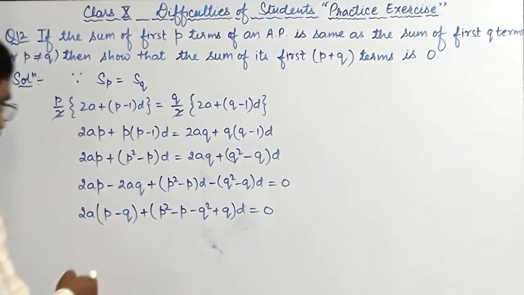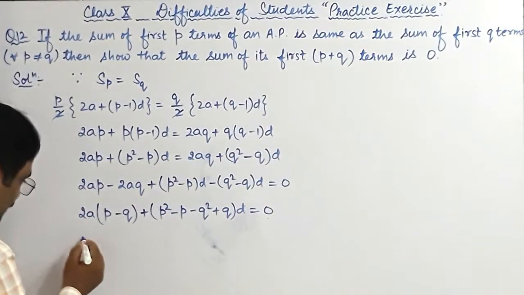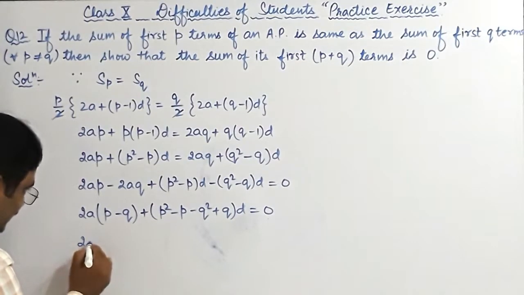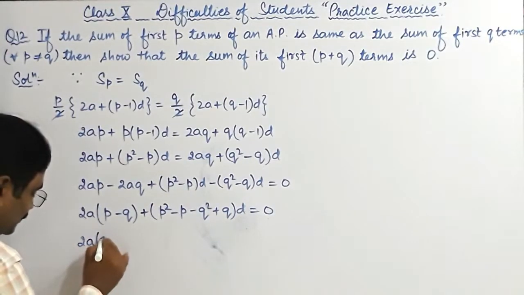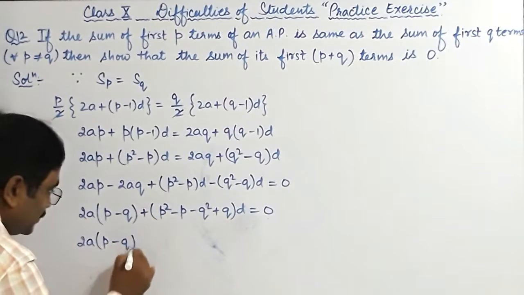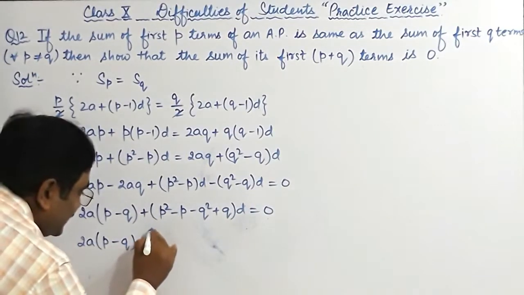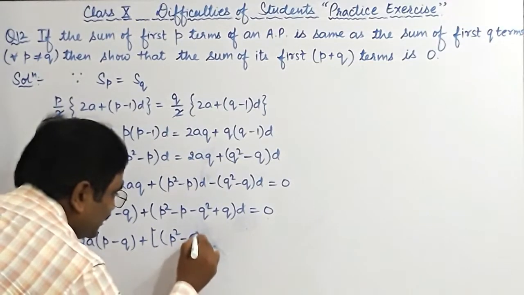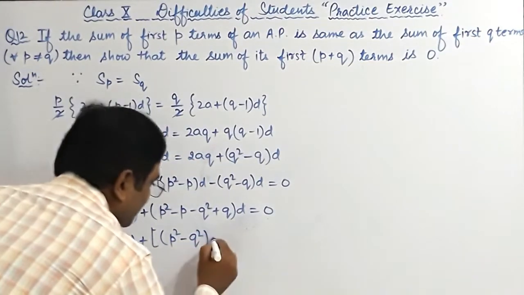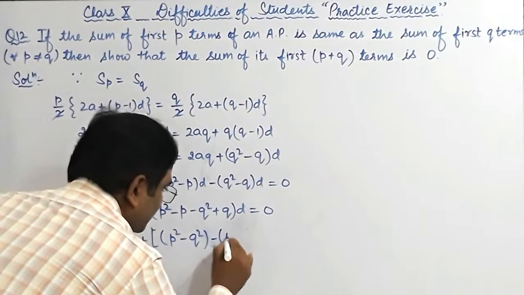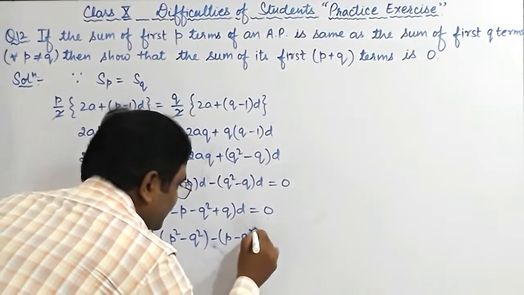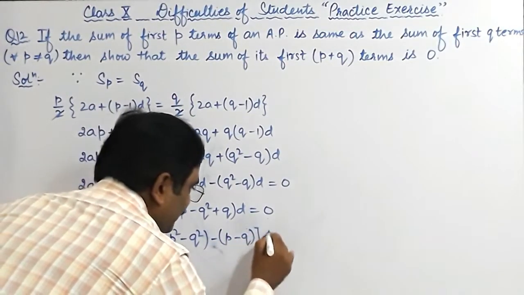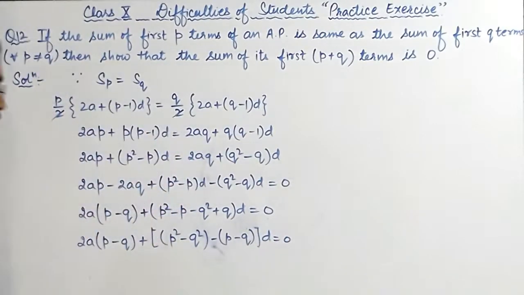So this can be written as 2a into p minus q plus, here we write p square minus q square minus, take the common, p minus q into d equals 0.